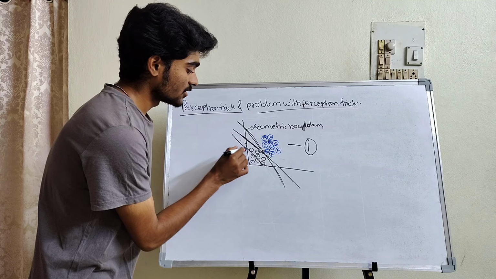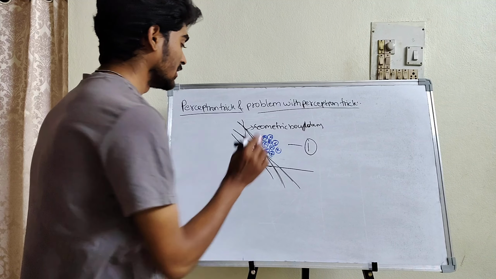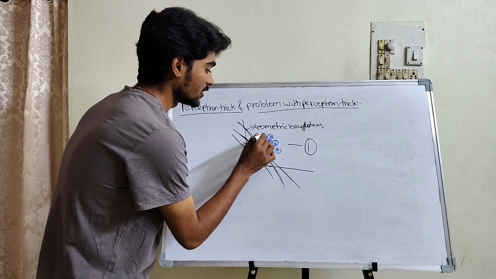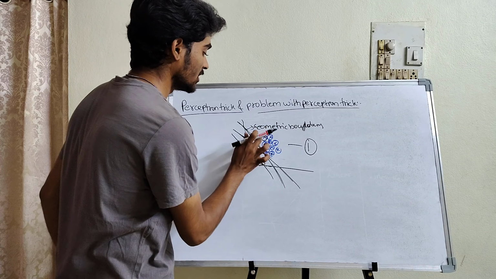In the initial stages of training, you'll have the binary classifier line here. Now let's say your model has randomly chosen this data point for adjusting the binary classifier as a best fit line.